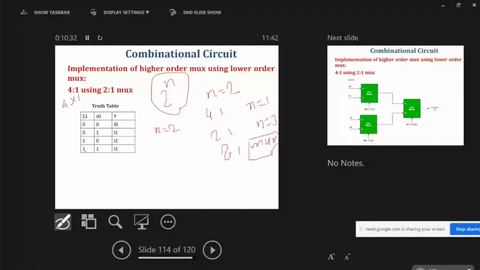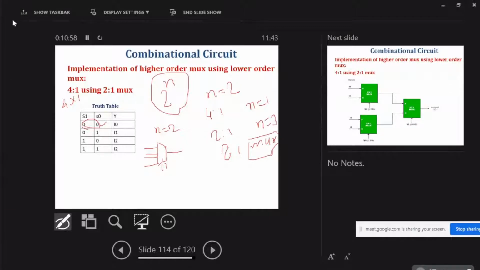Among the four input lines, only one will be selected according to the combination, because a mux is many to one, so the output will be only one, depending on the combination of selection lines.